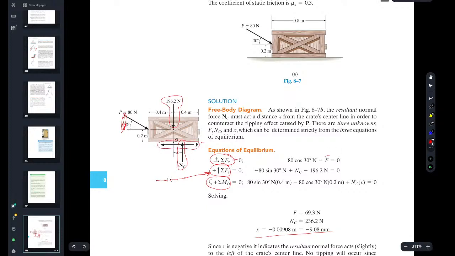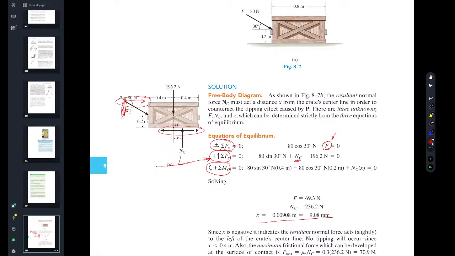And notice right here, he does not put in mu times the normal. He has to logically argue things in order to relate, he calls this NC, relates the friction force to the normal. But what happens is you get the x component here and the x component here, and they offset each other.